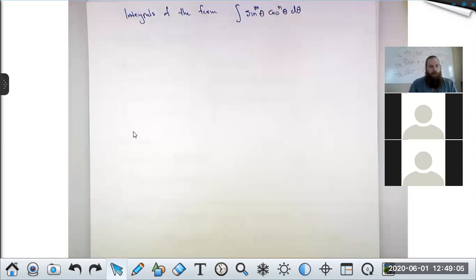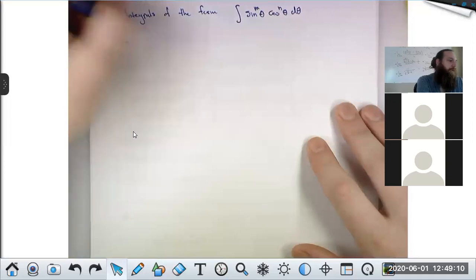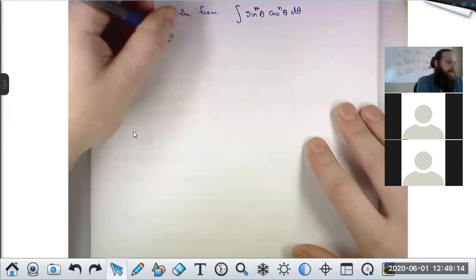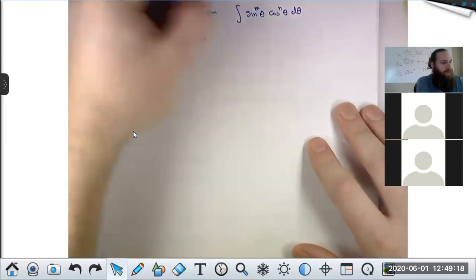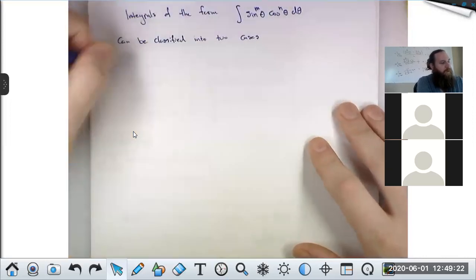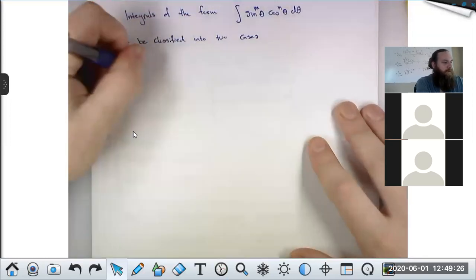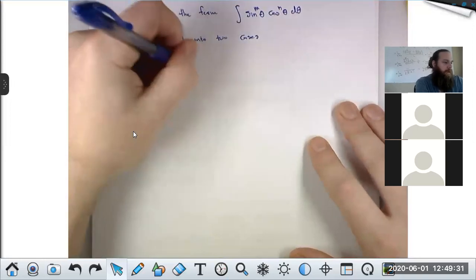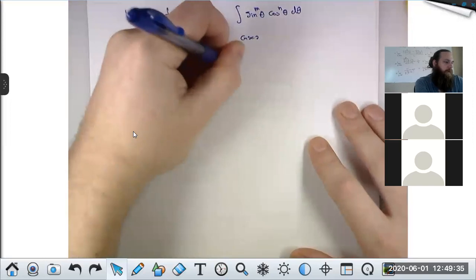These can be classified into two cases. The first case is at least one of m and n is odd.